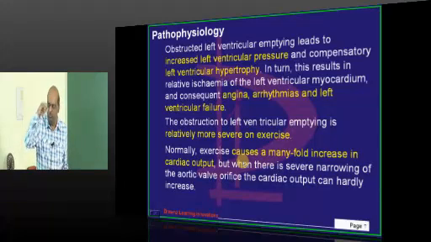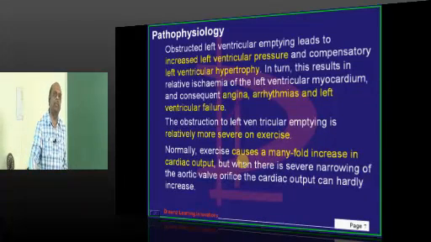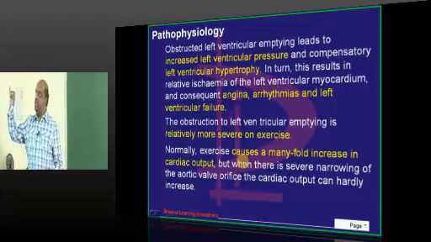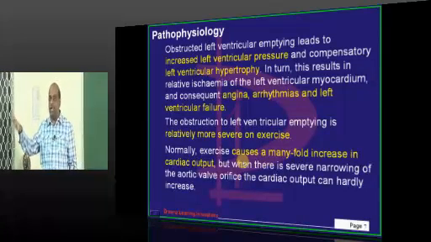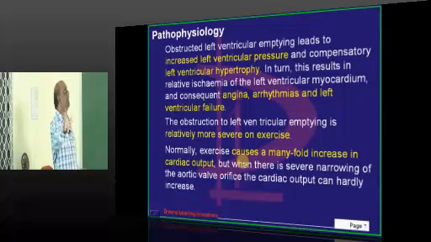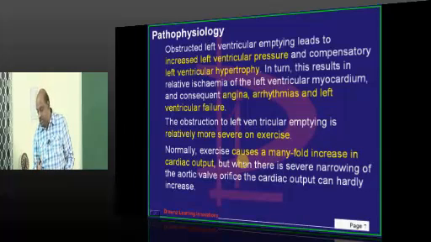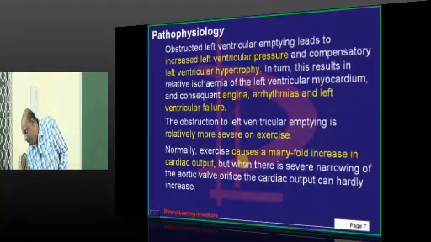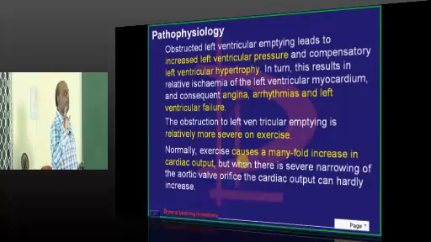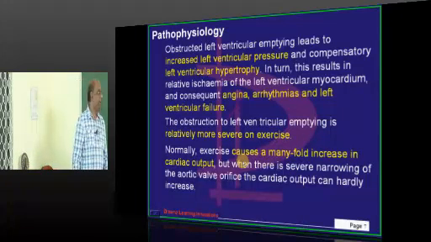It will say, whatever you do, this much cardiac output is all you will get. Hence, exertional dyspnea, exertional syncope, and exertional angina are the cardinal manifestations of aortic stenosis, which you need to basically remember.